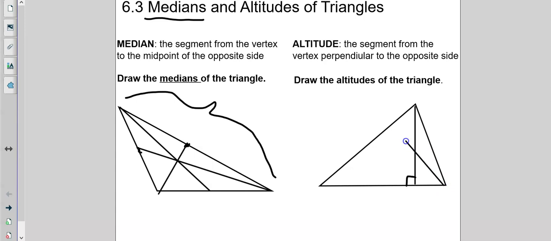And then this one, like so, at a 90-degree angle. And then this one, again, I'm just rough sketching this, like that. Okay, so it comes in at a 90-degree angle. So those are all the altitudes. So median goes to the middle, and altitude is perpendicular.